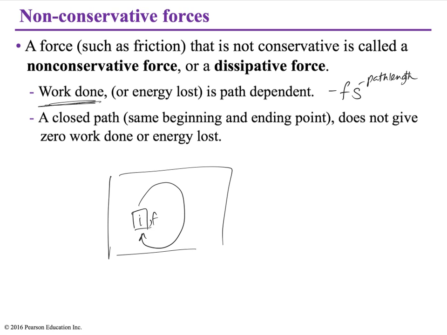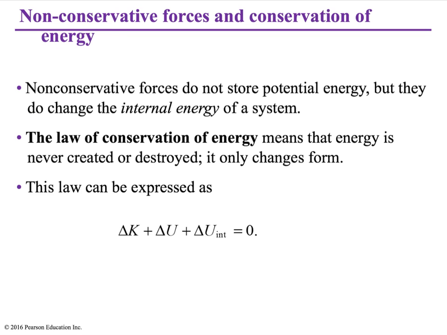And so it's not going to be work equal to zero like it is for a conservative force, but it will definitely be some net work done or work lost, energy lost. So that's what makes a conservative force and a non-conservative force different.